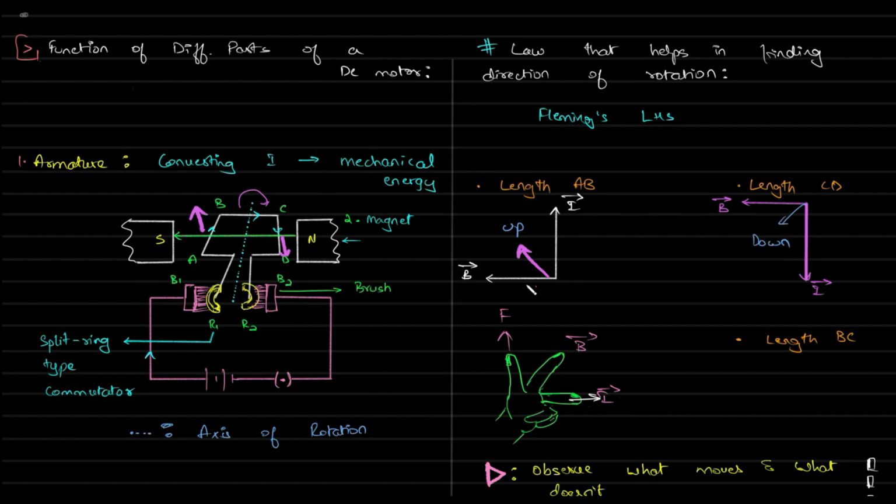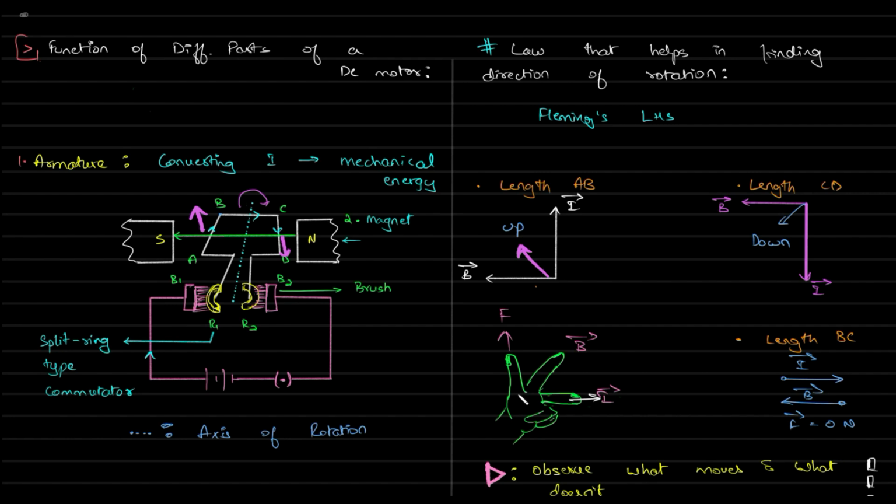Oh yeah, length BC. So along the length BC, we have the current moving from left to right, but the magnetic field is from right to left. So what will happen? They don't affect each other. So there's no force acting upon this. So here the force happens to be 0 Newton. So it's not going to play any role in terms of getting pushed or pulled.